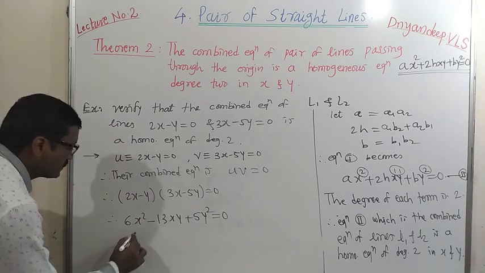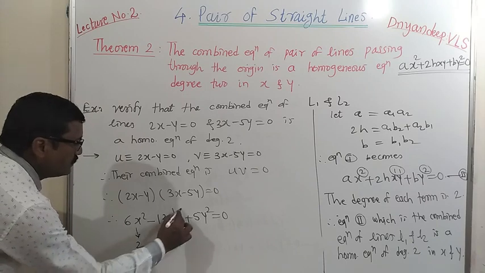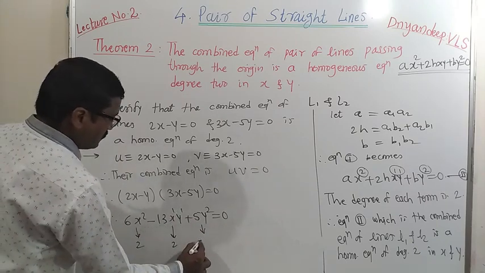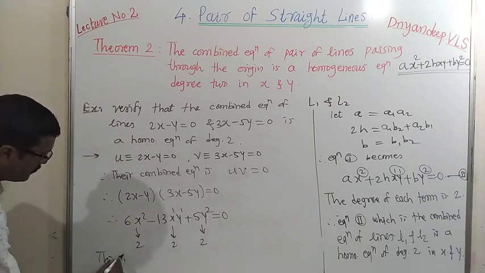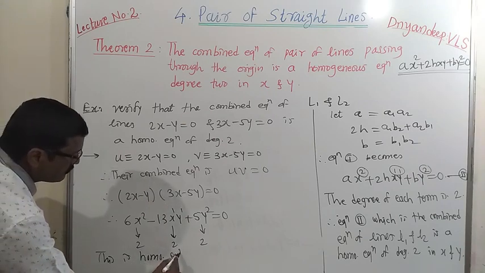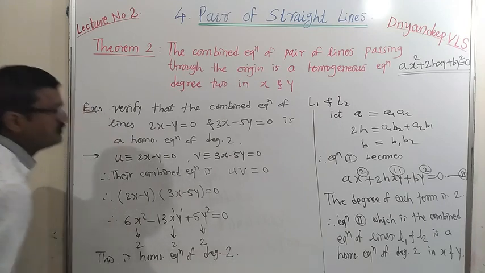Here the degree of the first term is 2, the degree of the second term is also 2 because x and y are there, and the degree of the last term is also 2. So this is a homogeneous equation of degree 2.